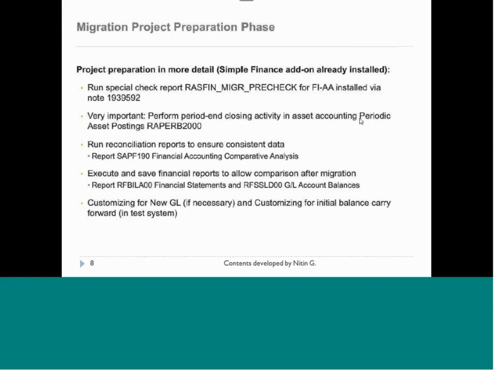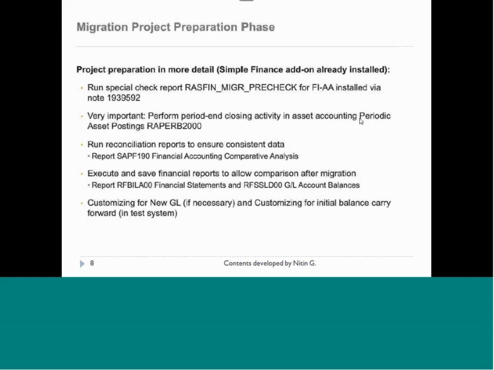So basically, what you're saying is, besides executing this special check, all the data cleansing and fixing issues should happen before we do the migration. Is that right? Yes. Okay. So to prevent any issue once we move to simplifying.